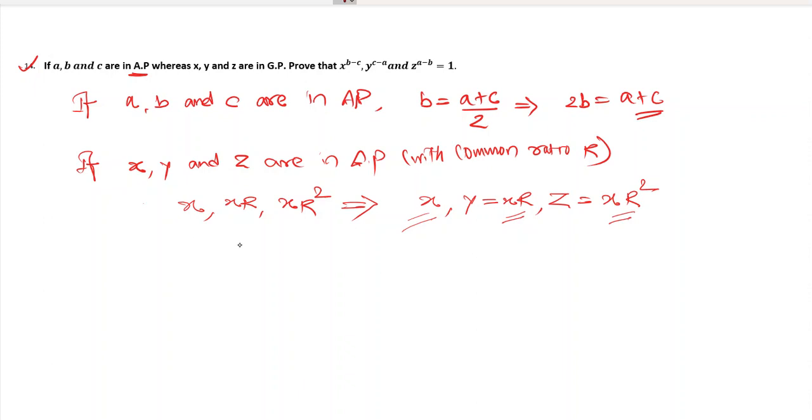Okay, now we have to prove something. Let's try to prove this. What is LHS? LHS is x raised to b minus c. Okay, there is no comma here, we have to change this.